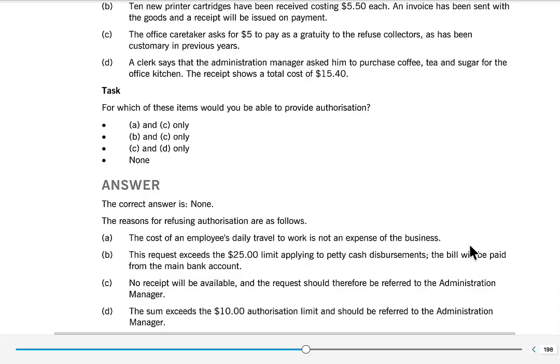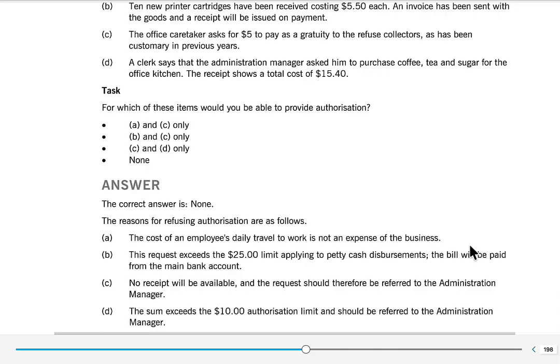Also, tipping is sensitive. Even if it is customary, the business still needs clear approval from management. So the correct action is refer it to the administration manager for approval. That is why the answer says no receipt will be available, and the request should therefore be referred to the administration manager. So item C is refused by the petty cashier.